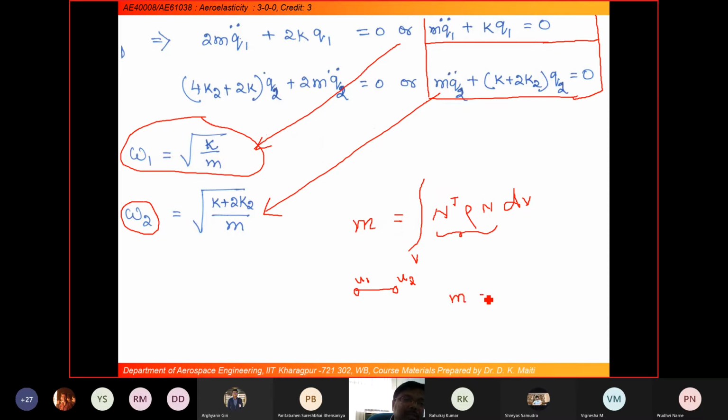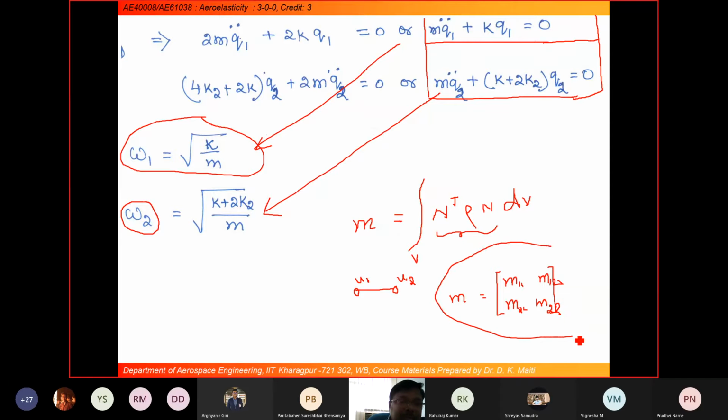We'll be getting a 2 by 2 matrix, where this will be M11, this will be M12, all will exist, and this will be M21, M22.